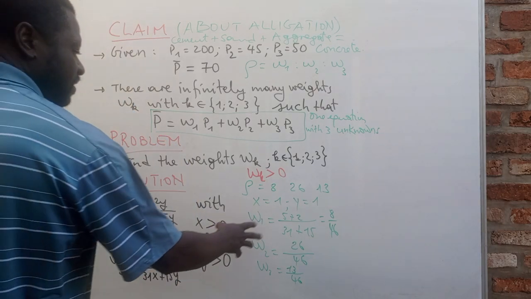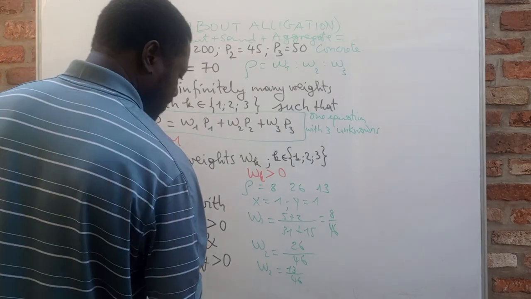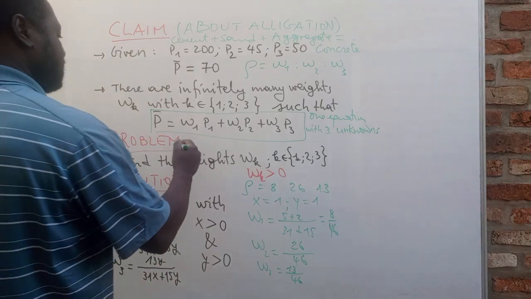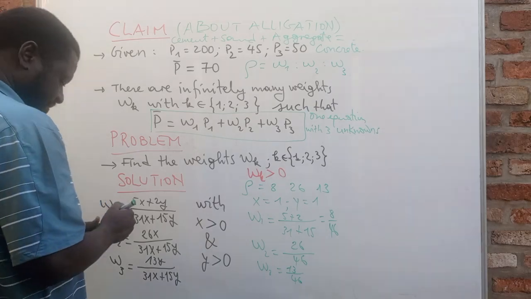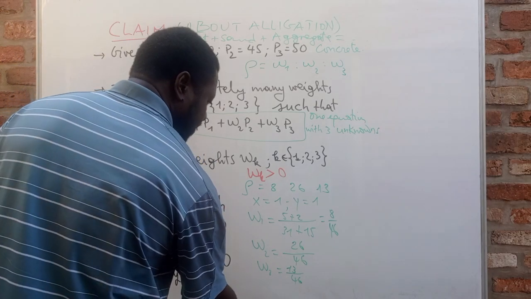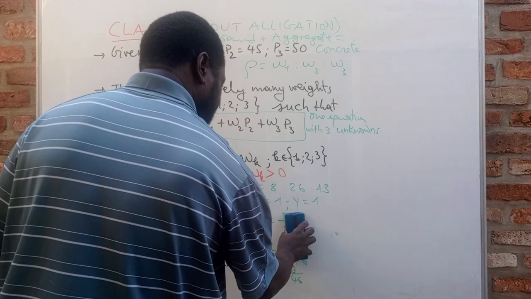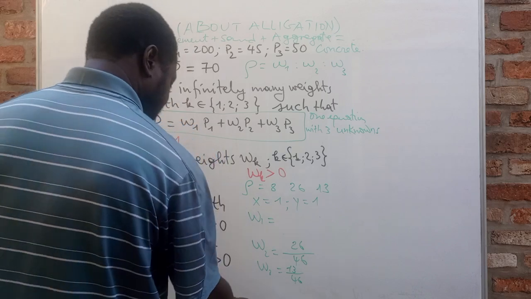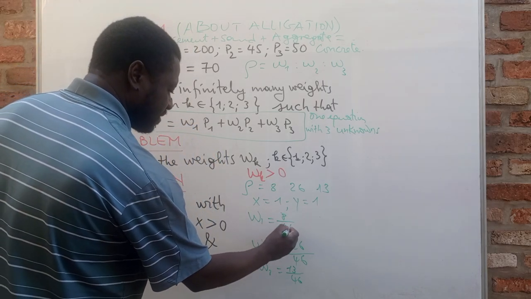Now let us verify, for a different ratio, if we take the mean value, whether we get 70. That is what we can check. We have 8 over 46.